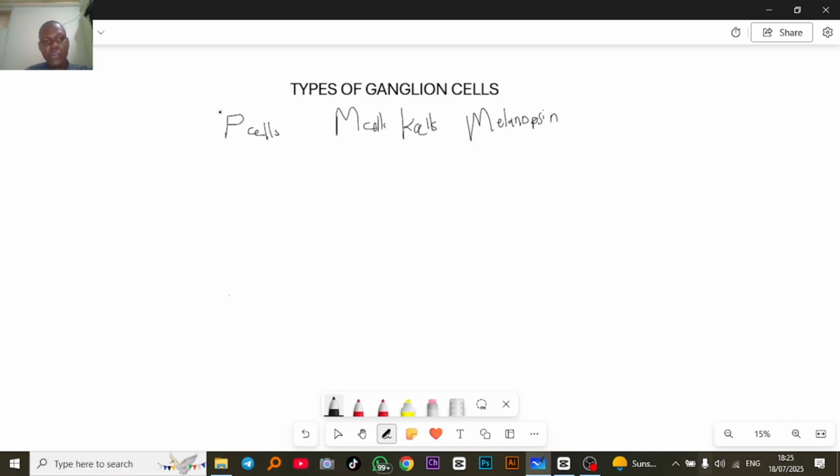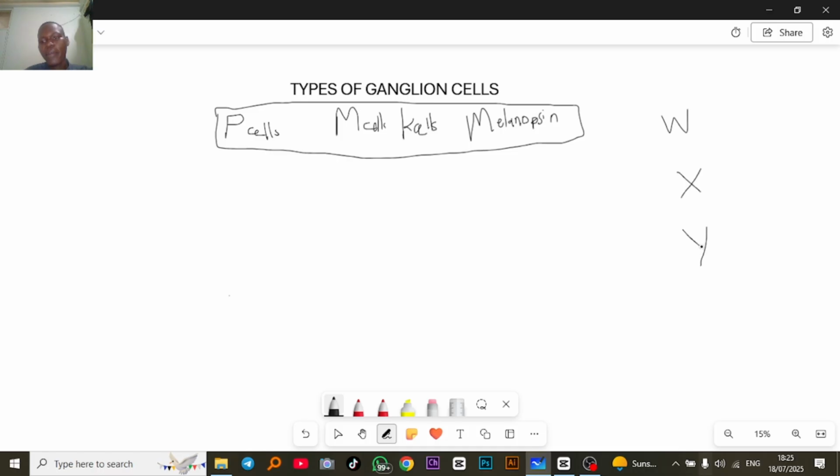So this is one set of grouping. And then another grouping, we have what we call W, X, and Y ganglion cells. This is another grouping.